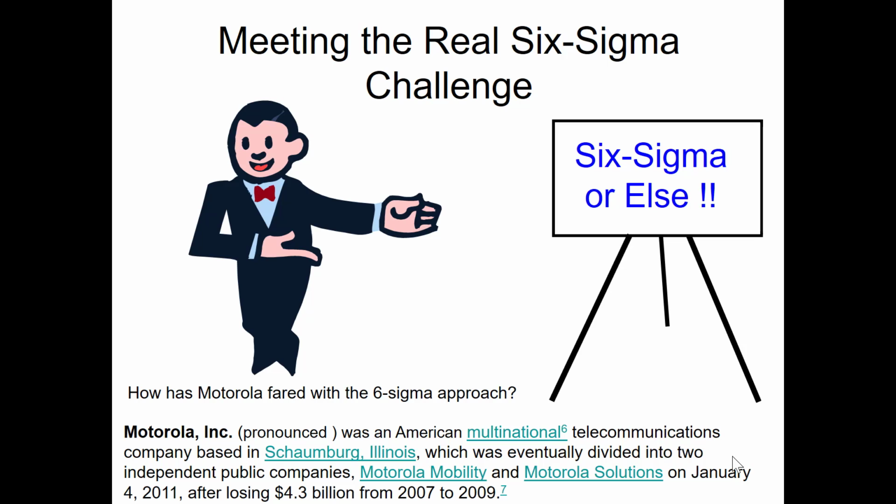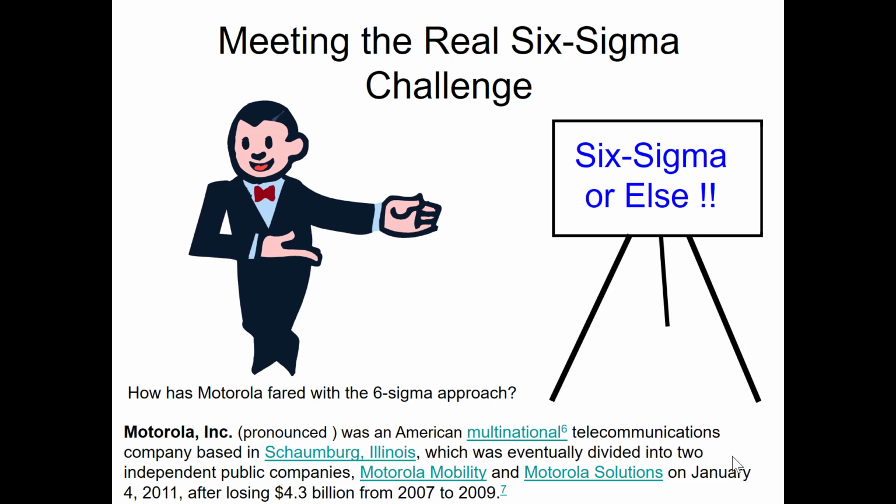Motorola was a multinational telecommunication company headquartered in Schaumburg, Illinois, which eventually divided into 2 independent public companies, Motorola Mobility and Motorola Solutions, in January 2011, after losing $4.3 billion from 2007 to 2009.